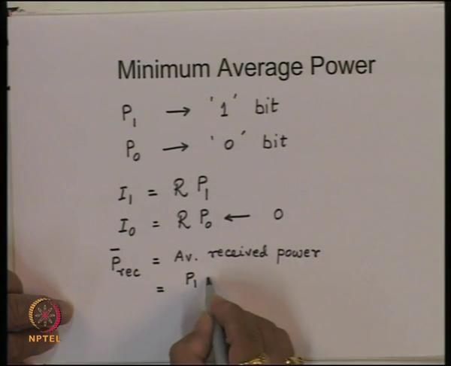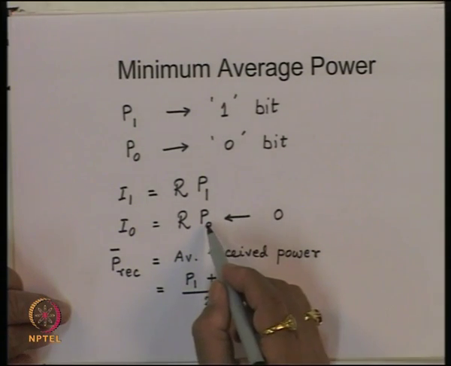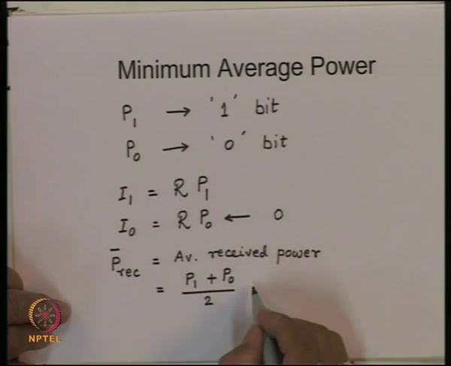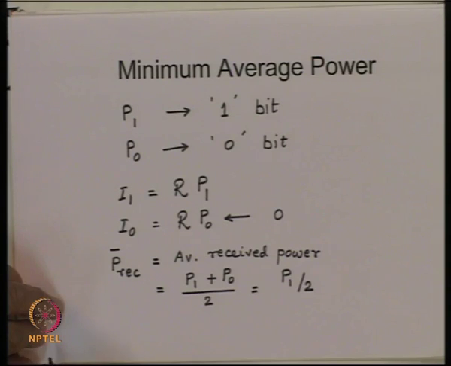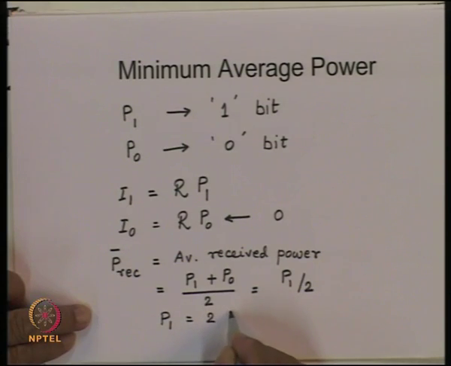That is P1 plus P0 upon 2. And in this case, since we are assuming that the power corresponding to the 0 level is 0, this quantity is P1 upon 2. So, that means the power P1 received is 2 times the average received power. So, we have P1 equal to 2 times P average received power.